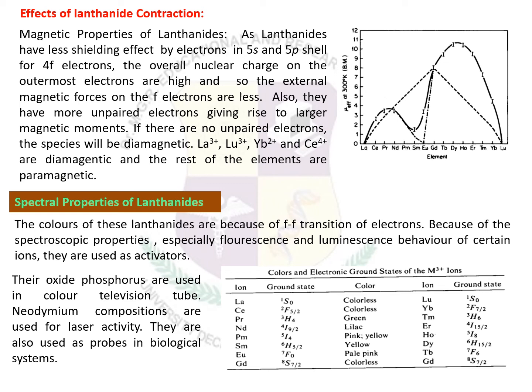Because of these spectroscopic properties, especially fluorescence and luminescence behavior of certain ions, they are also used as activators in laser principles. Their oxide phosphors are used in color television tubes. Neodymium compositions are used for laser activity. They are also used as probes in biological systems.